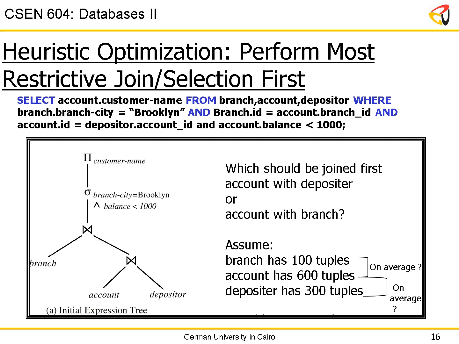I could as well have joined branch with account, and later on in the above level joined it with depositor. Now the question is, is there a difference in terms of performance, or in other words, number of rows propagated upward? And the answer is yes. It depends on the number of rows you have in the table. The fewer we propagate upward, the better.